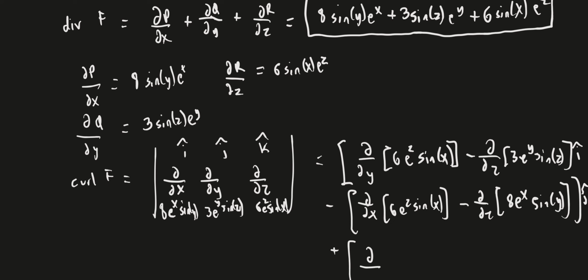It's a j. Partial x 3 e to the y sin z minus partial y 8 e to the x sin y.